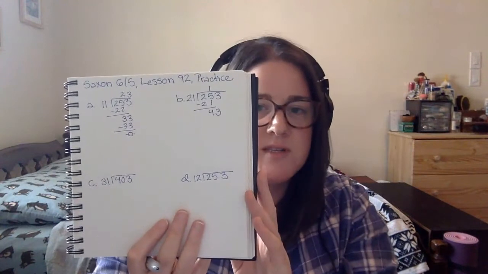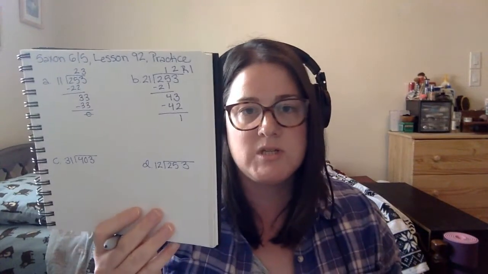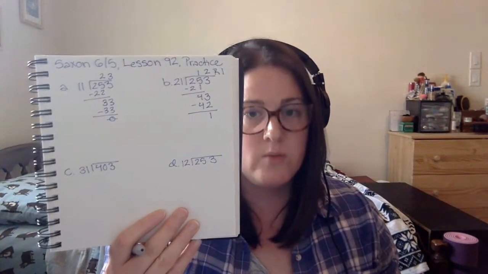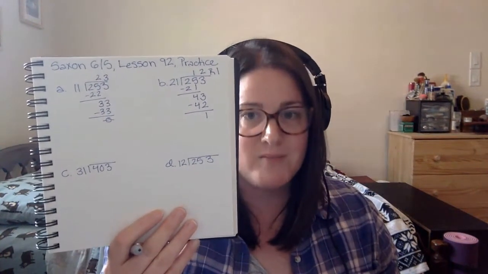So we've done our first step. 43 divided by 21, we're going to estimate as 2. 2 times 21, 2 times 1 is 2, 2 times 2 is 4. We get 42. 43 minus 42 is 1. We're going to express all of our remainders as remainders. So our quotient is 12 remainder 1.